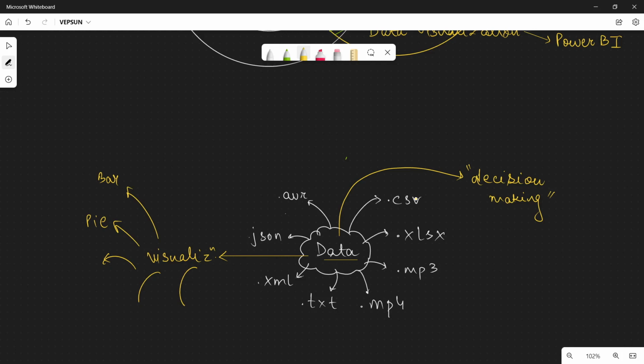But the idea is that when you are performing visualization, your benefit is that you will understand how your data is behaving. And once you understand the trend and the pattern of your data with the help of these sort of visualizations, then it becomes easy for you to make use of that data as per your need. This is the idea.